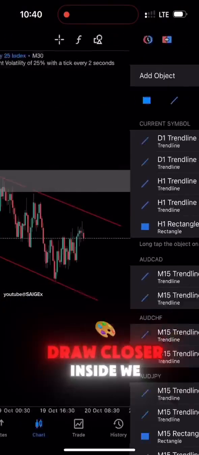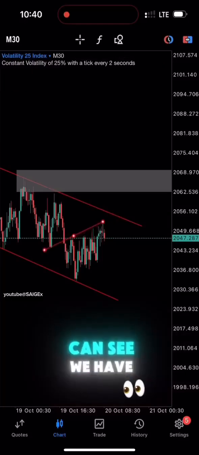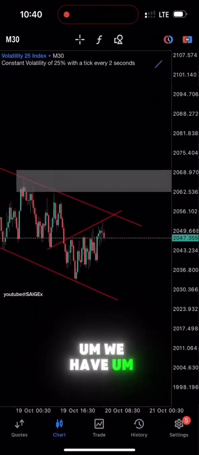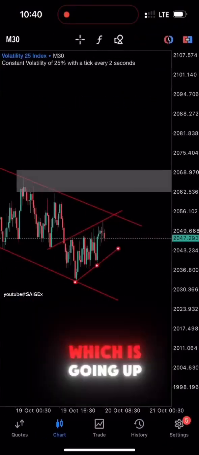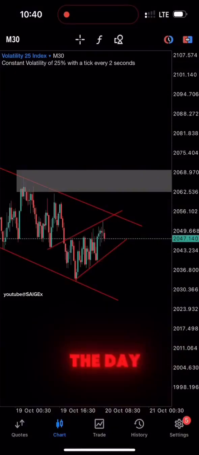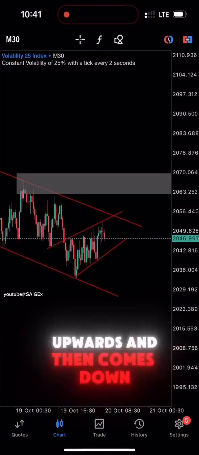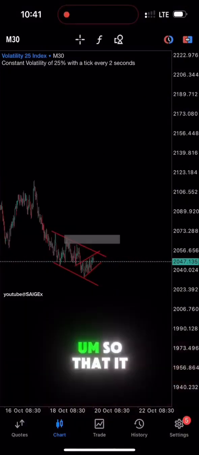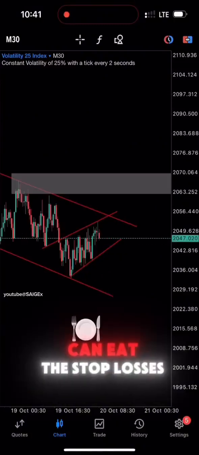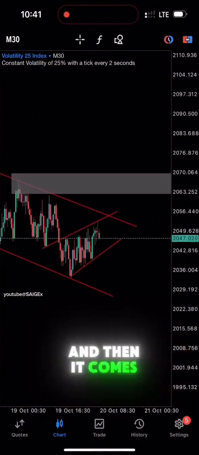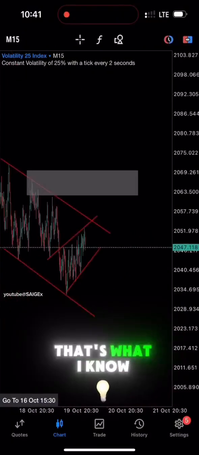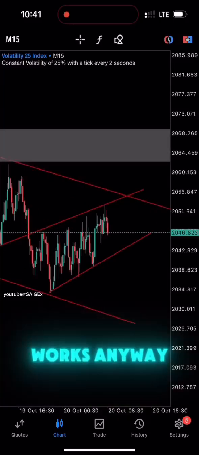And then if you draw closer inside, we can see we have a flag, which is going up. So at the end of the day, it might break going upwards and then come down. It breaks up to hit the liquidity grab, so that it can hit the stop losses, and then it comes back down. At least that's what I know, that's how it works.